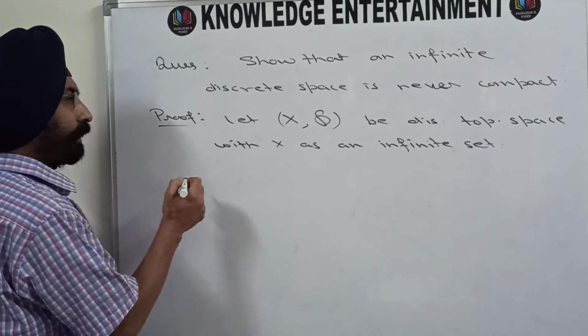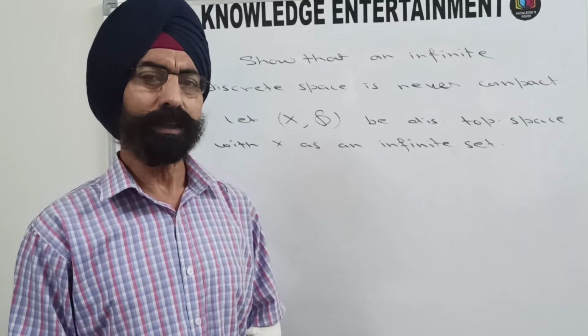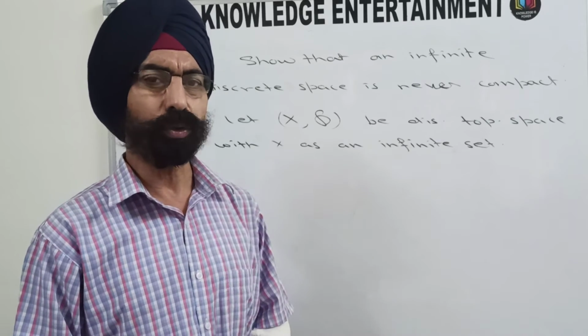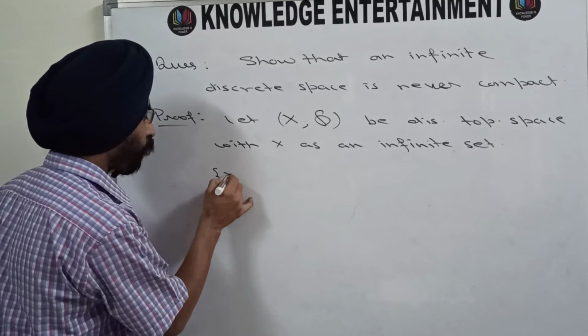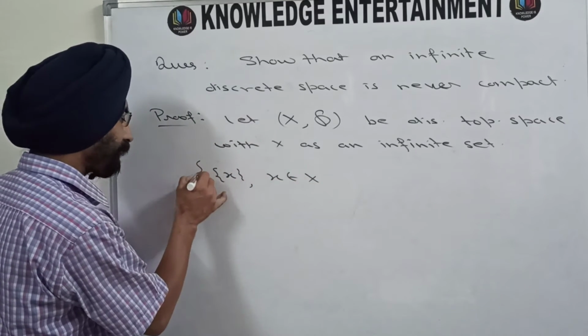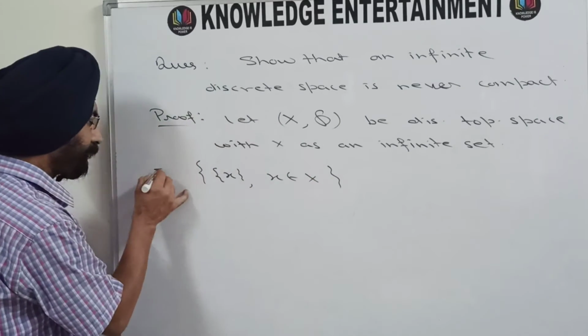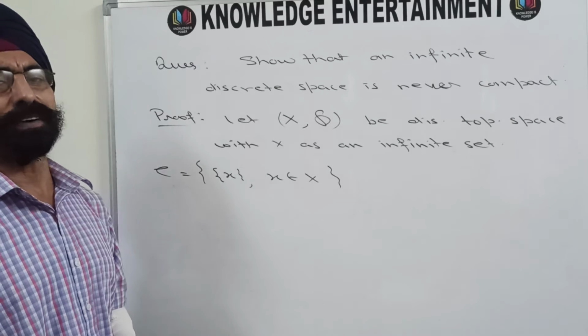So in discrete topology, you know that singleton sets are open as well as closed. So what I am going to take is the collection of all singleton sets {x} where x belongs to X, and this collection is C, and this is an open cover of X.